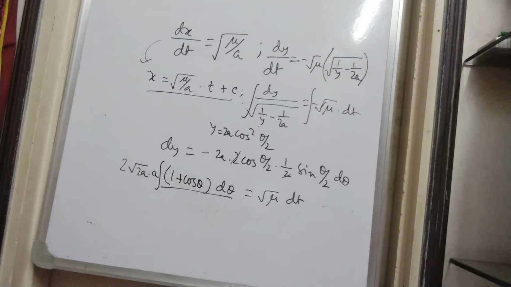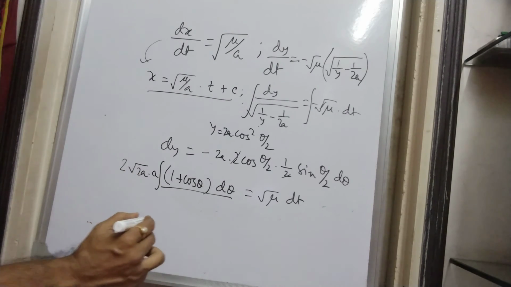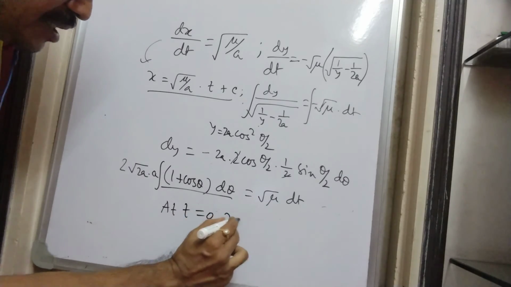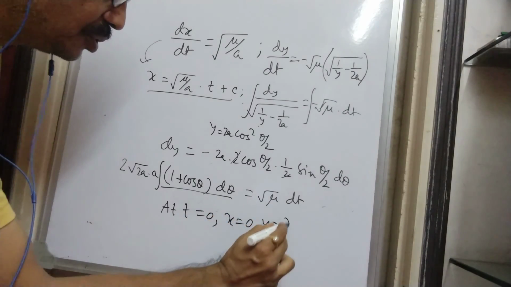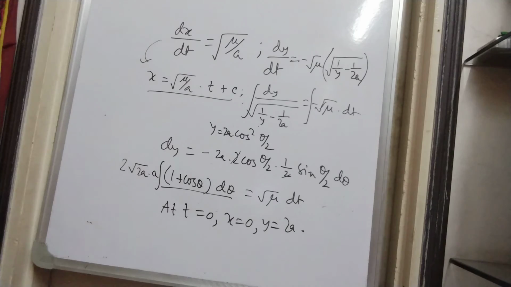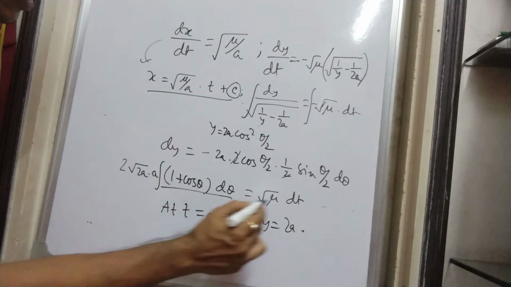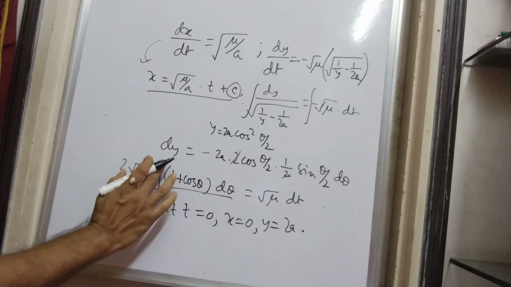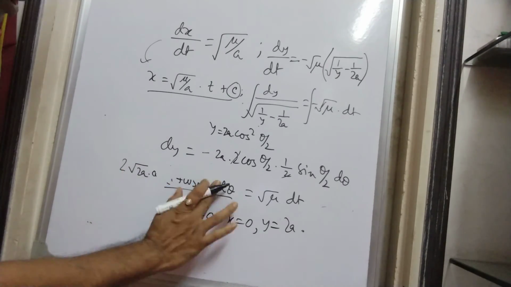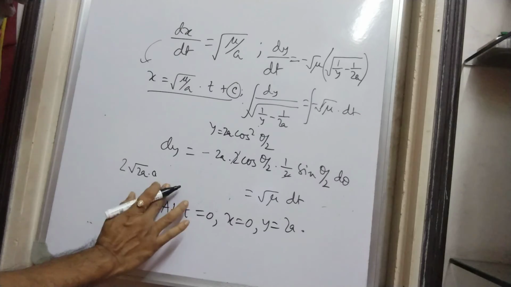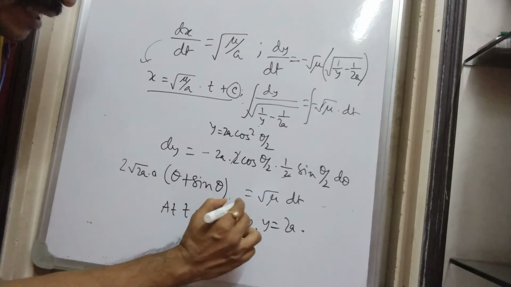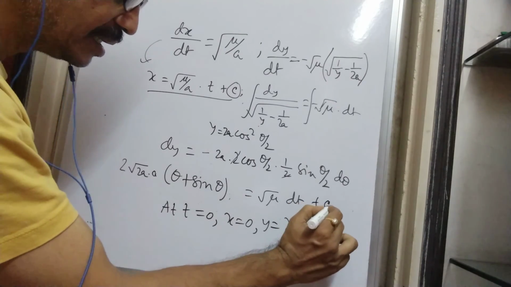Then we put the initial condition, which states that at t equal to 0 we have x equal to 0 and y equal to 2a, to get the value of this c. And here also, when we integrate this and we write theta plus sin theta here, it will obviously generate a constant.